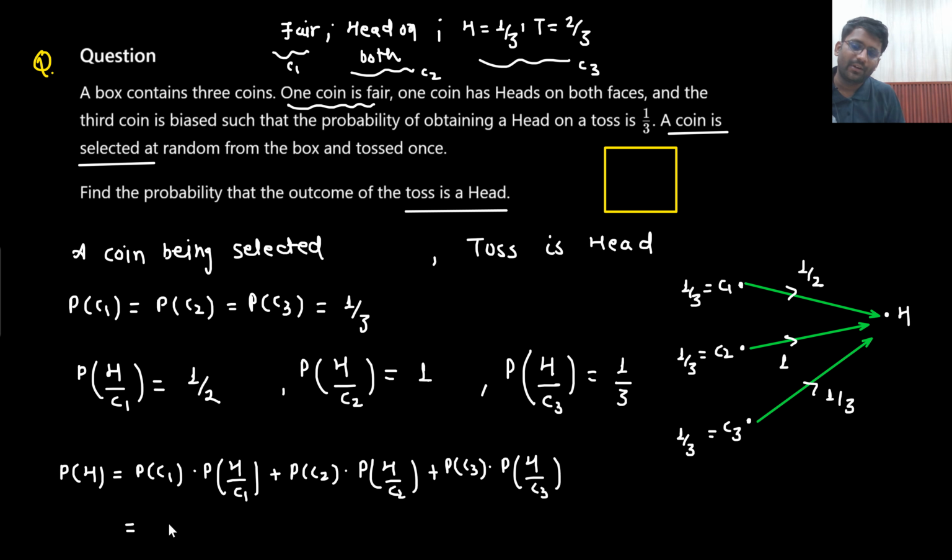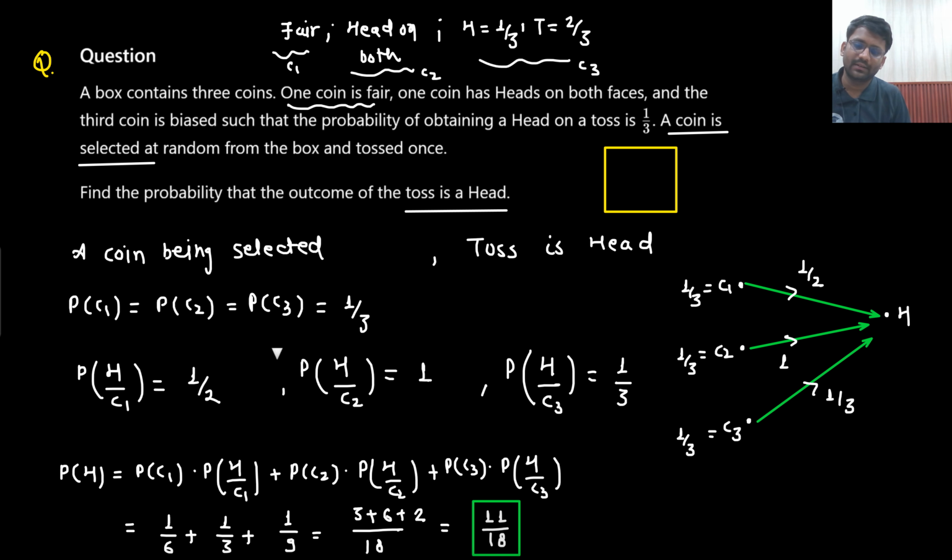So 1/3 into 1/2 is 1/6. 1/3 into 1 is 1/3. 1/3 into 1/3 is 1/9. What is the LCM? 18. 3, 6, 2. 11/18. That's it. This is the answer.